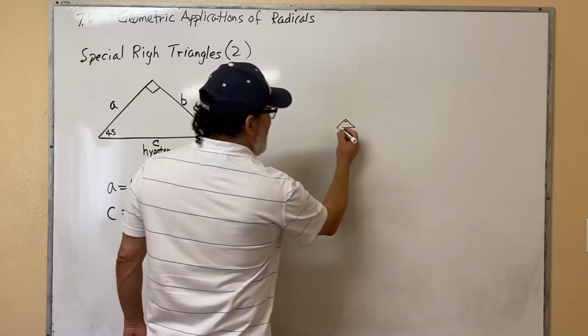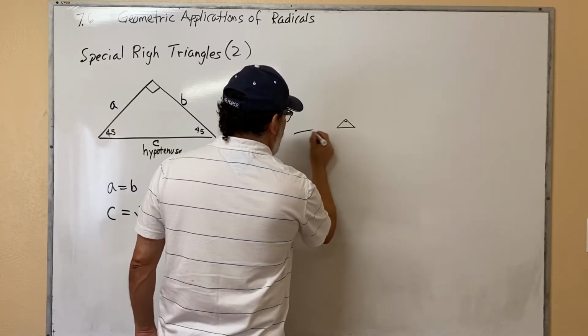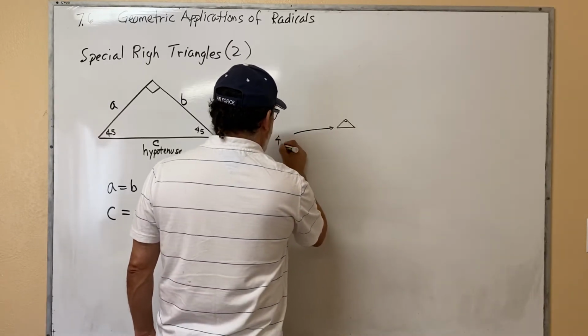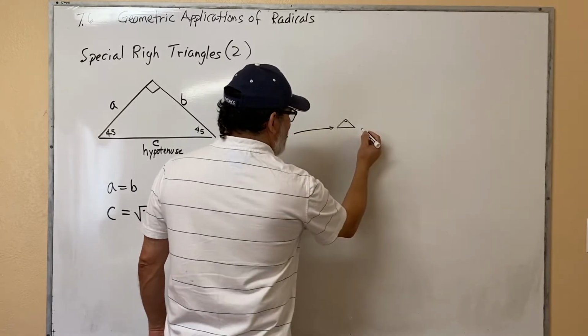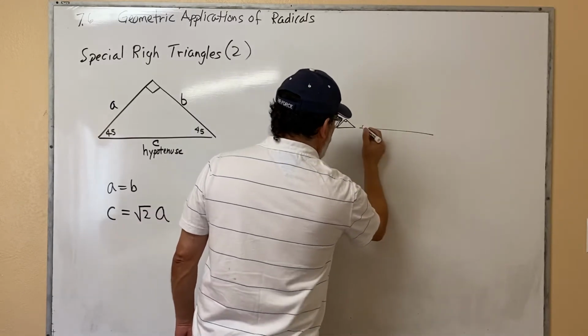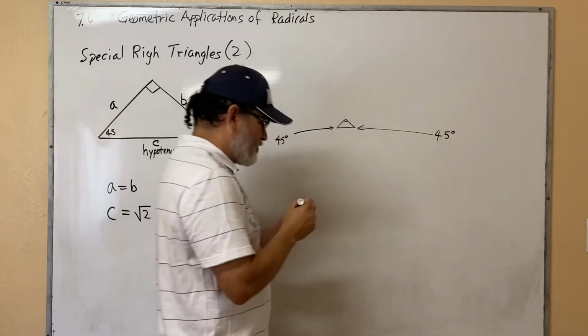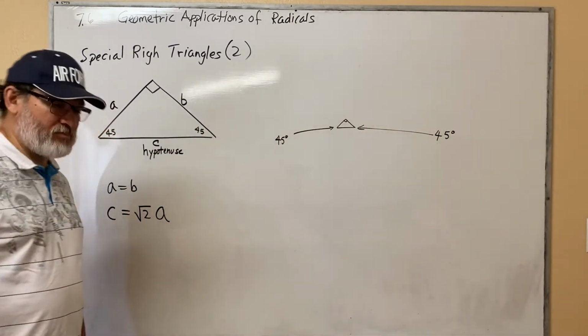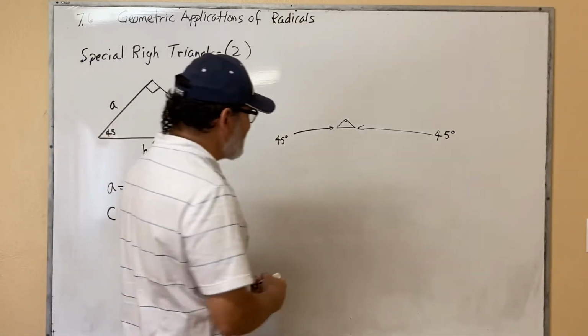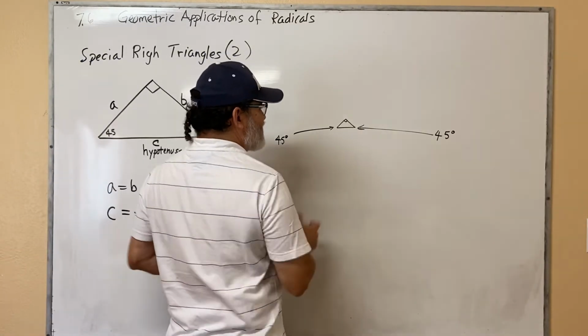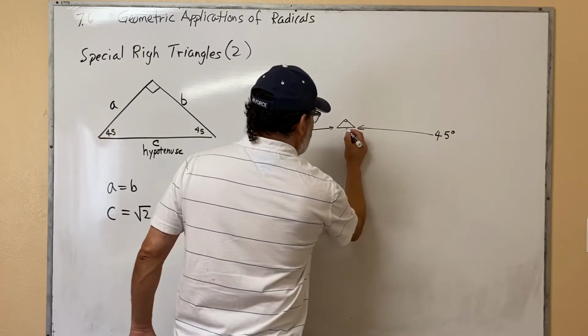And this is 45 right here. I'm going to write 45 degrees there. And that must be 45 also. This must be the hypotenuse. This must be C.